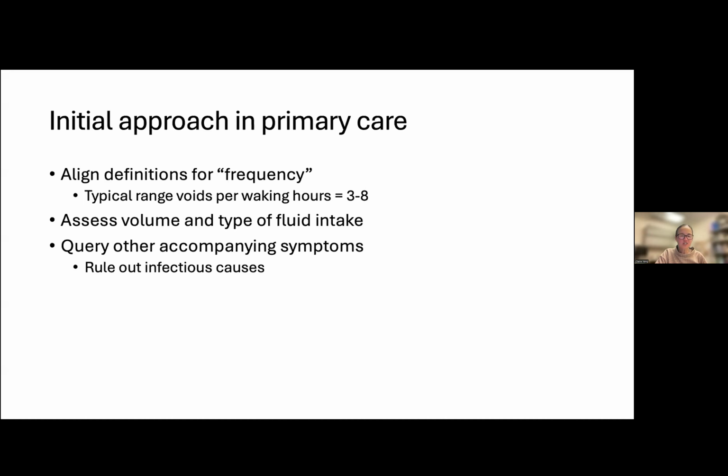Now, younger adults definitely don't, as a group, void as frequently. And so many people get older, and if they voided 3 to 4 times in their waking hours, as they start voiding 6 to 7 times in their waking hours, they feel like something must be wrong, but it's not necessarily so.